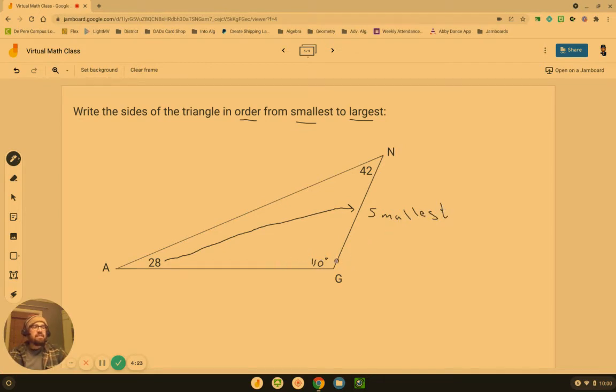If 110 is the largest angle measure, that means the side opposite is the largest.